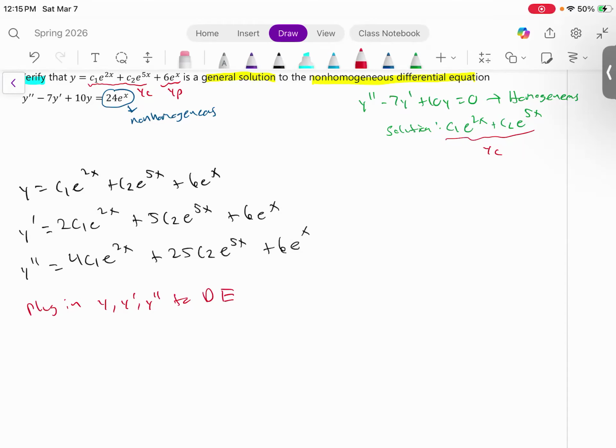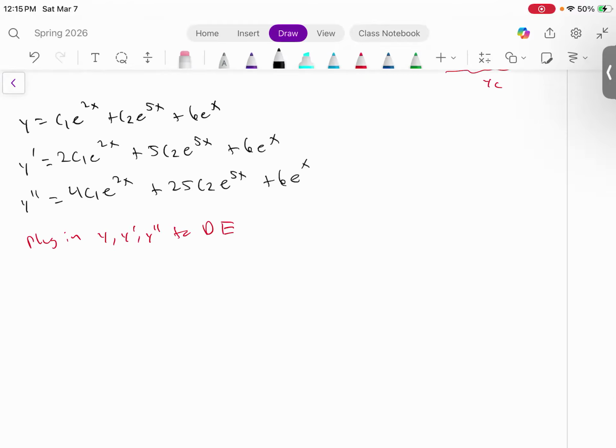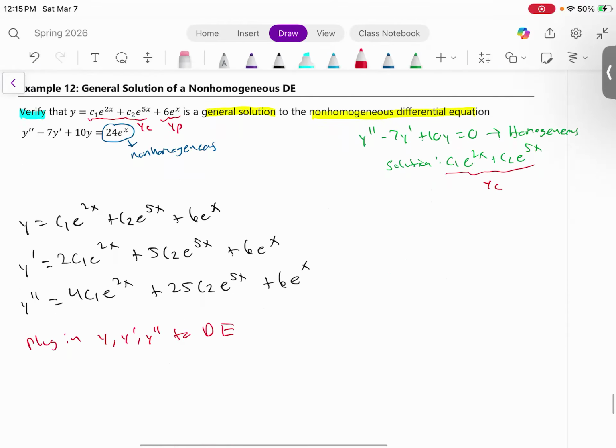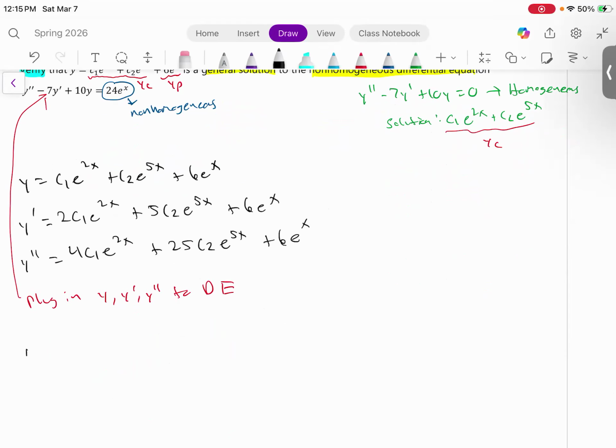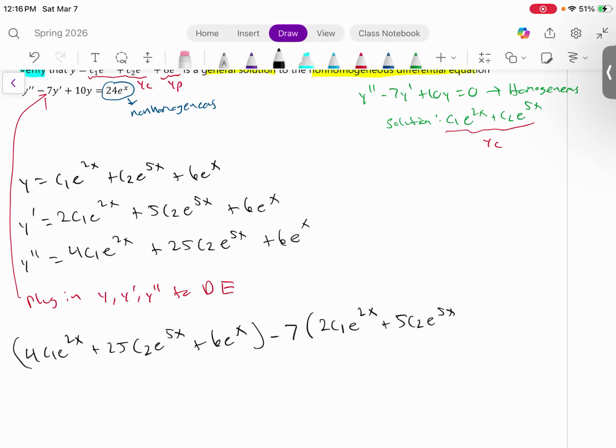So let's go ahead and plug these in, the derivatives. This would be 4c1 e to the 2x plus 25 c2 e to the 5x plus 6 e to the x, minus 7 times 2c1 e to the 2x plus 5c2 e to the 5x plus 6 e to the x, and then plus 10y.